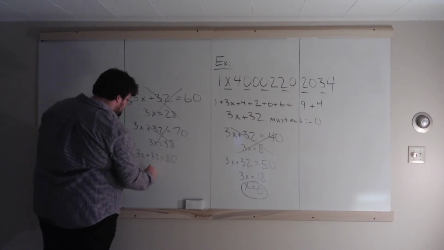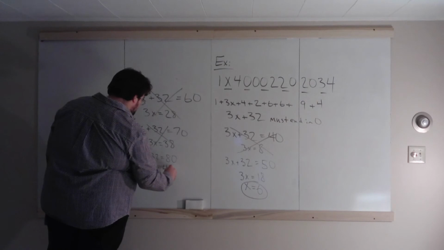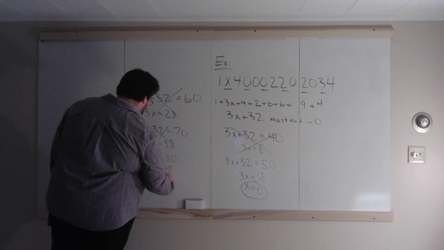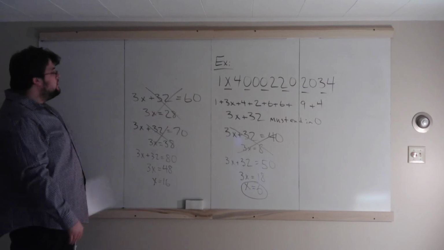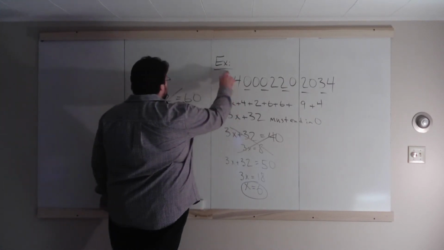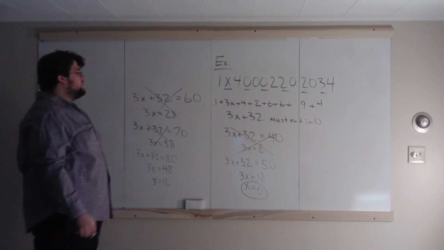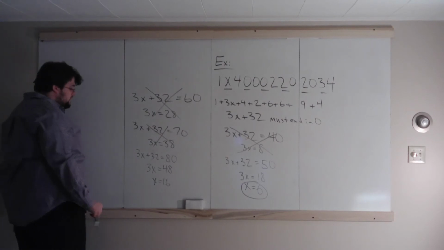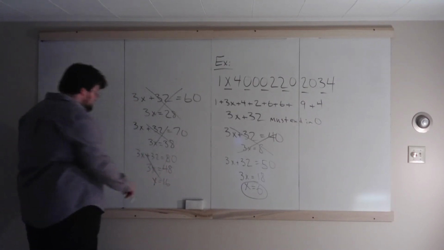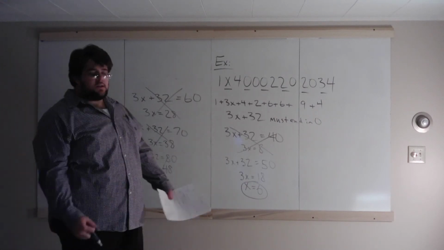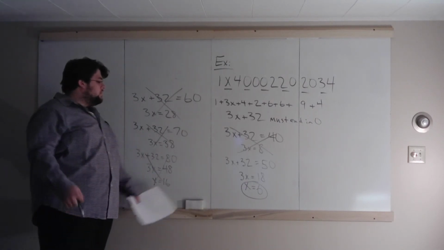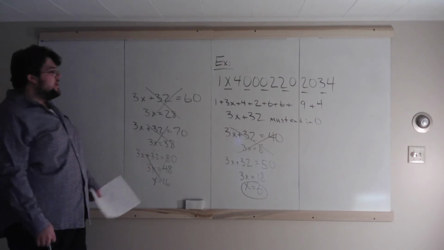Subtract 32. 3x equals 48. Well, that's okay in terms of giving us a whole number because we got x equals 16. But these are only single digits, and 16 is a double-digit number. So that won't work. So this shows us x equals 6 is the only choice that we could have for that corrupted number.